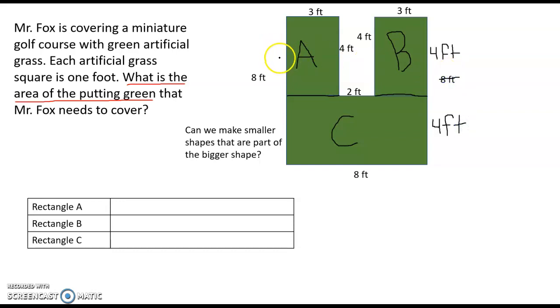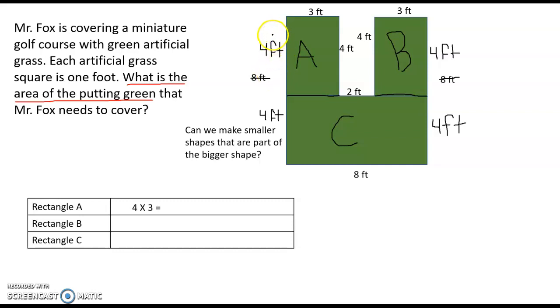And then over here we have the same thing. So if this is 4 feet, we know this is also 4 feet. Four plus 4 equals 8. Now we're ready to solve it.